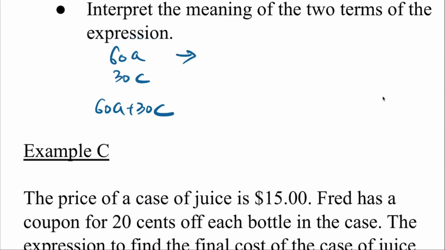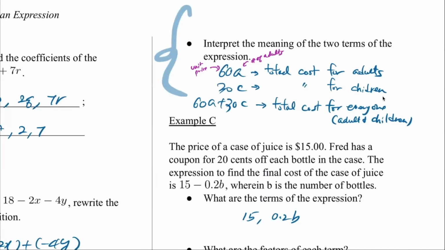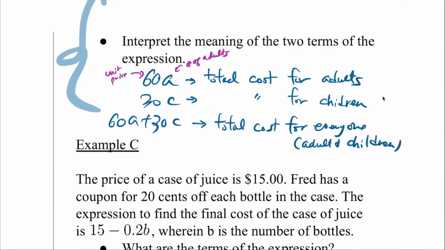All right. I already wrote it out in the lesson earlier, so let me just show it to you, because this is, after all, a quick summary. All right, here we go. So the 60 here represents the unit price, and that represents the number of adults. Multiplying that is the total cost for adults. Aha, made a tiny little boo-boo.